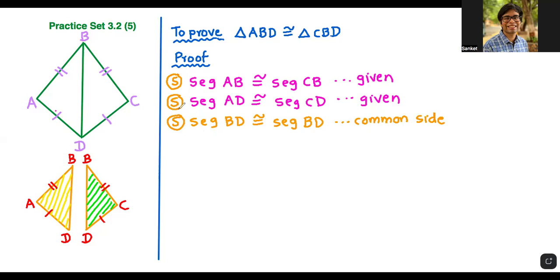So I've shown that all three sides are congruent, which means that triangle ABD is congruent to triangle CBD by SSS test. So that is something that we were supposed to prove, that these two triangles are congruent. We proved it by SSS test.